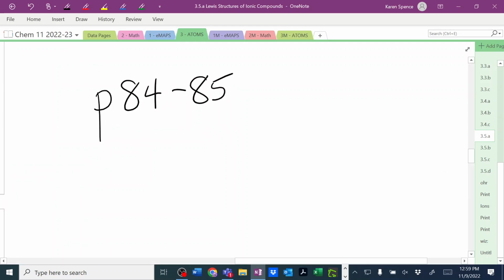You don't use an equal sign, just use an arrow. Folks, scandium has 3 valence electrons, just in case you're wondering. Scandium has 3.